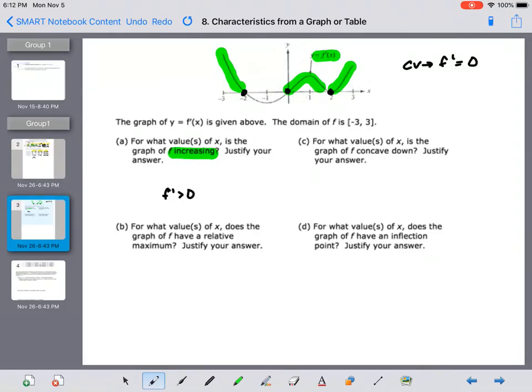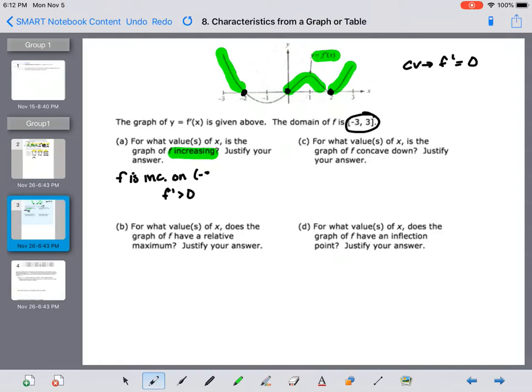Now if we look at our intervals of increasing, I could say that f is increasing on, remember we increase on intervals, not at. And if I look at the domain, my domain starts at -3. So it's not really starting at negative infinity, it's starting at -3. I always want to look at that. I don't care beyond the domain that they give me.